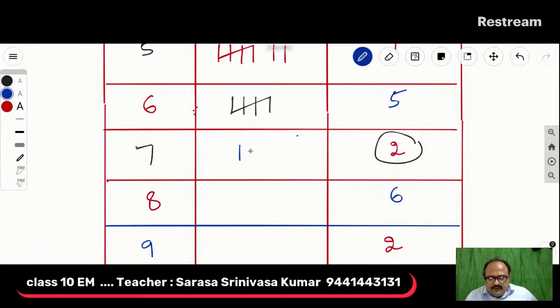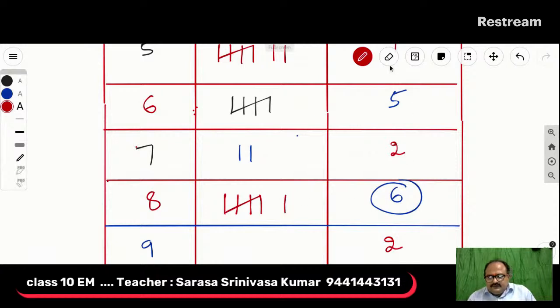This is 1, 2. Now we write tally marks for 6. 6 marks should be written. 5 plus 1. 1, 2, 3, 4, 5, 6.